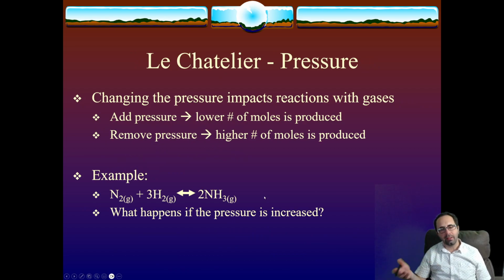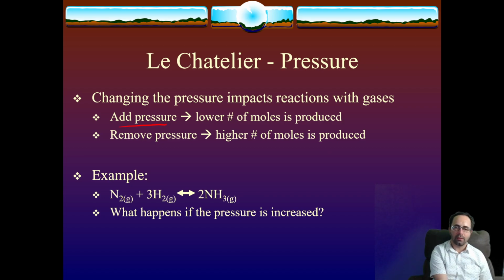Finally, if you have gases in your reaction, changing the pressure of the gases will affect the reaction. And if you add pressure, or change the volume to increase the pressure, the reaction is going to shift in the direction that will produce a lower number of moles of gases. Because remember from the ideal gas law chapter, the pressure doesn't depend on which gas it is.